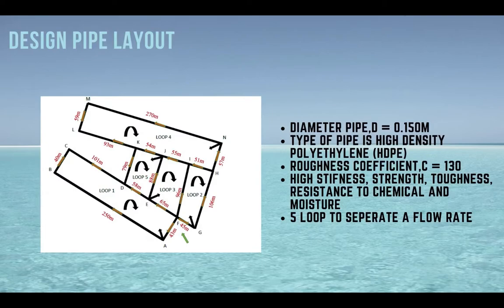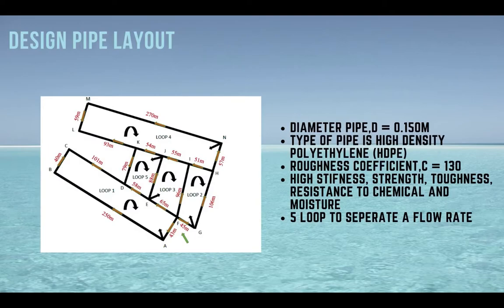Second, we need to know what type of pipe we use. The type of pipe I use is high density polyethylene, HDPE, because in my knowledge HDPE has more stiffness, more strength, more toughness, and, very important, is more resistant to chemicals and moisture than other types of pipe.